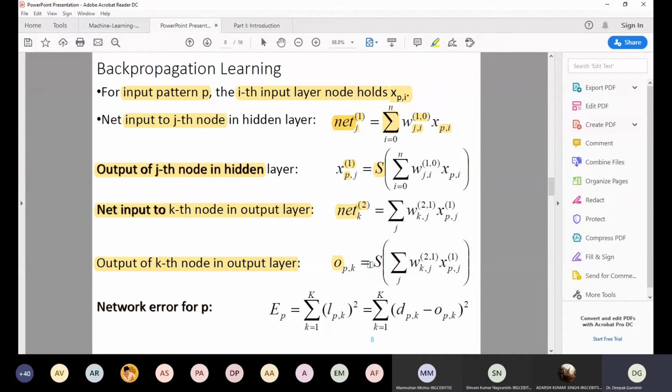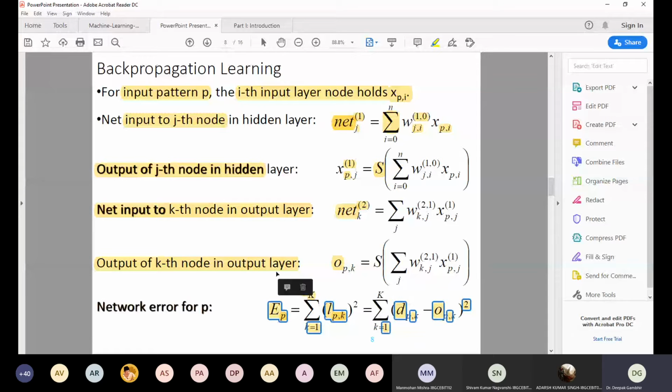And we will write the error in the form that the error is the summation for each value k equal to 1 to capital K, that is all k values.